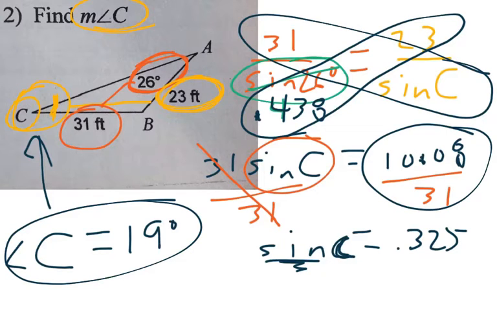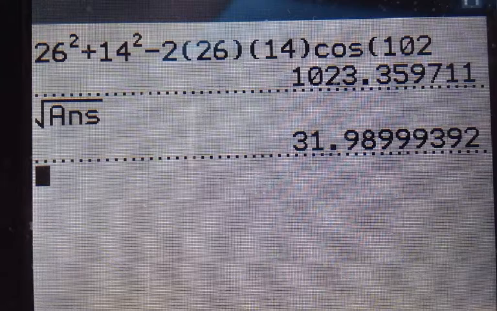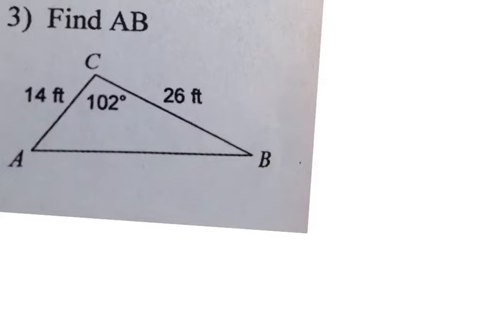All right, pause the video if you need to. Okay, so that's the law of sines. Now check out this problem here. I'm supposed to find AB. I'm going to call it little x. AB is little x.